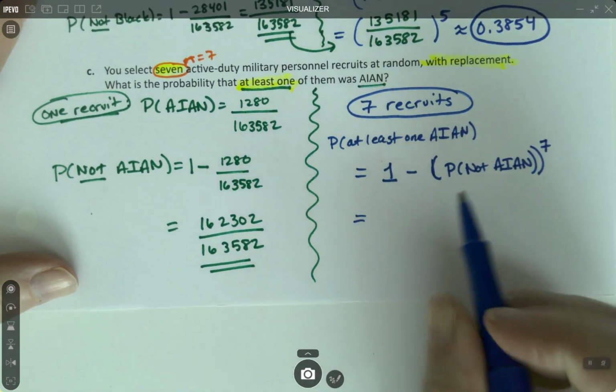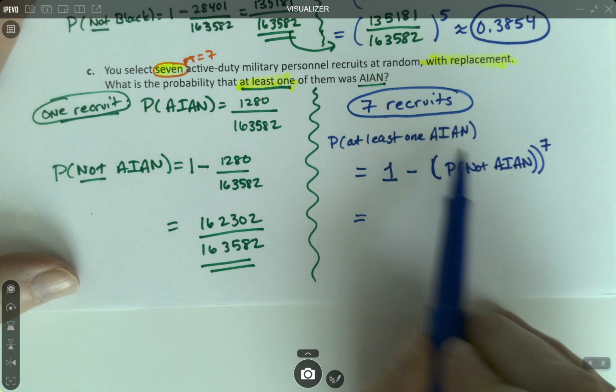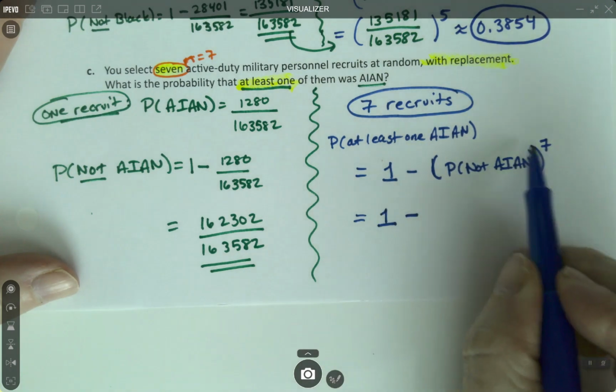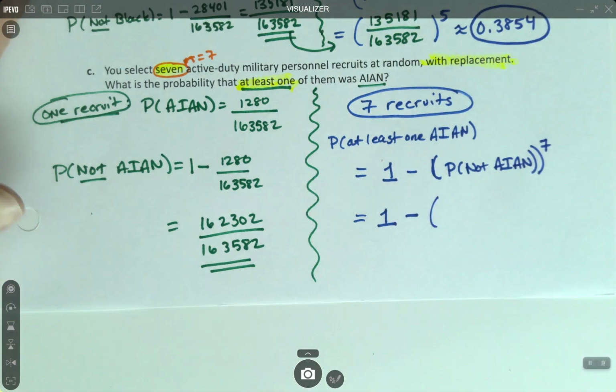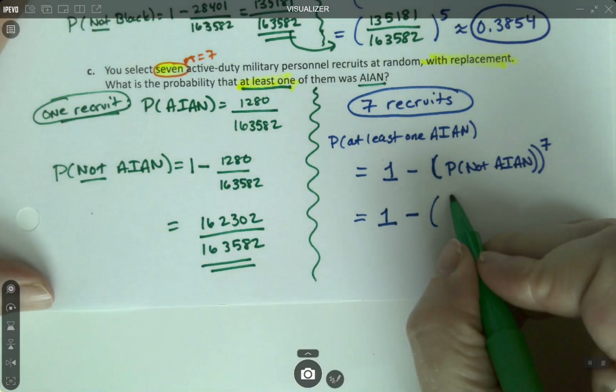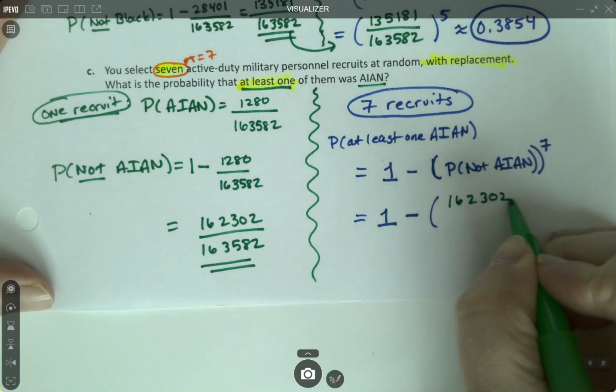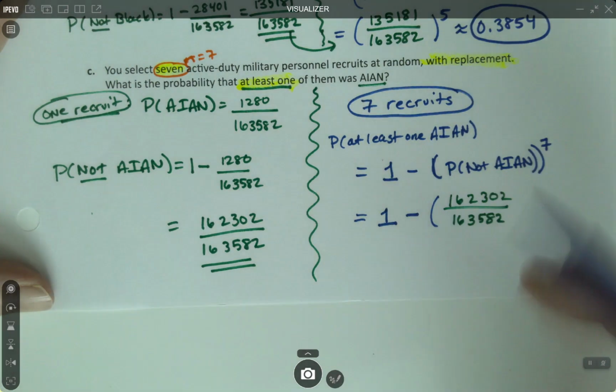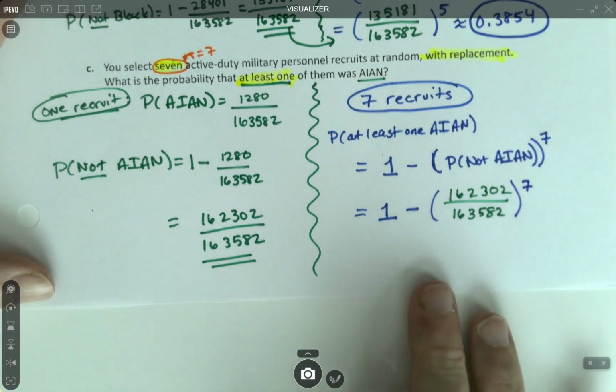That's the rule, right? You find the probability of not getting what you wanted to the 7th power, which is 1 take away that number that we just found, right? We found the probability of not AIAN. It's 162,302 over 163,582. And we raise it to the 7th power.